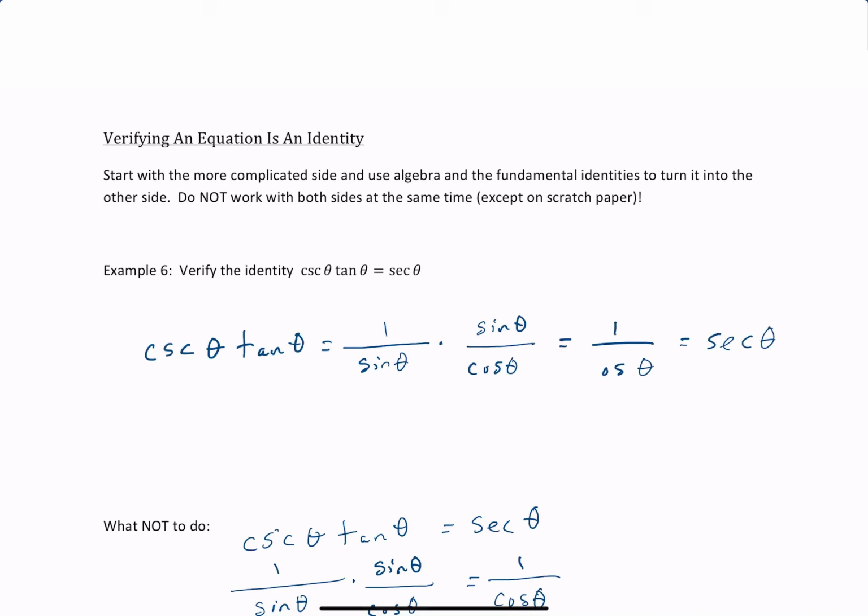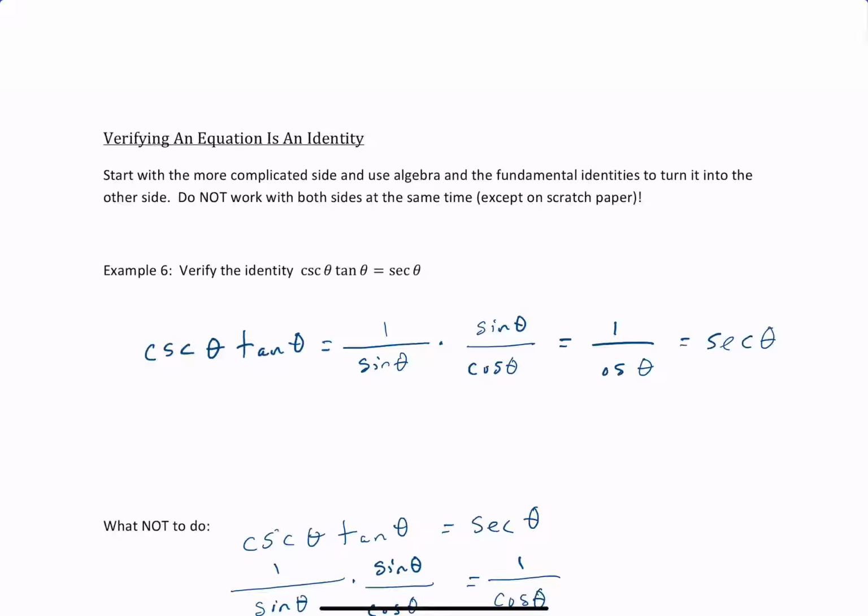For example, let's verify the identity cosecant times cotangent of theta equals secant of theta. So I start by writing down the left-hand side because that's the more complicated side. And you do need to actually write it down. Don't make your reader guess which side you're starting with by not writing it down.